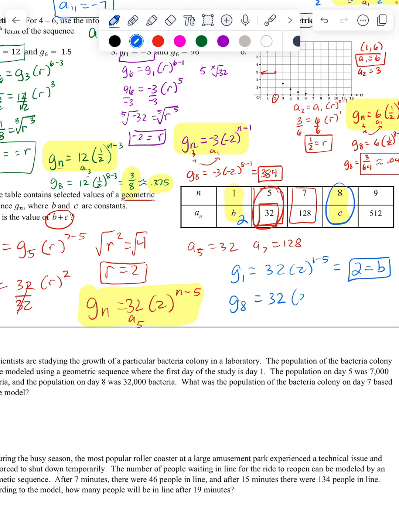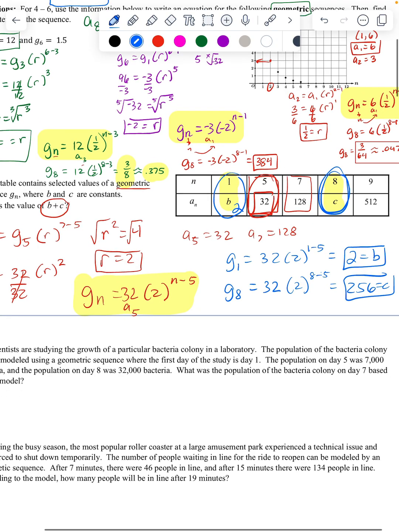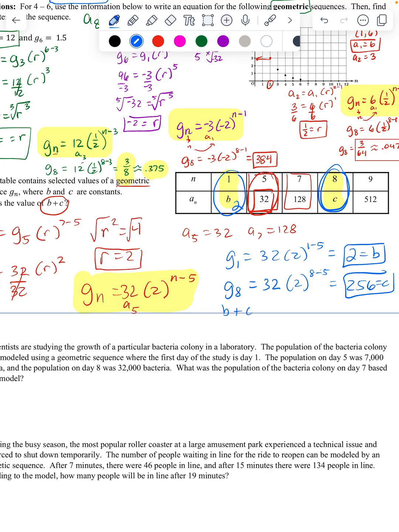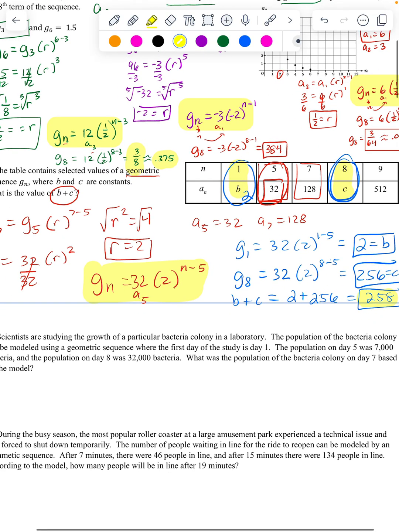So I'm using my general equation with an 8 up in here, and I get 256 for that outcome, and that's going to make that letter C because I just found these two table values. So the question asked what the sum of B and C is. So I'd take my 2 and my 256 and I would get 258. So that is going to be a fairly common way to do that because you can't really work backwards from that the way you could if they just asked what the values of B and C are.